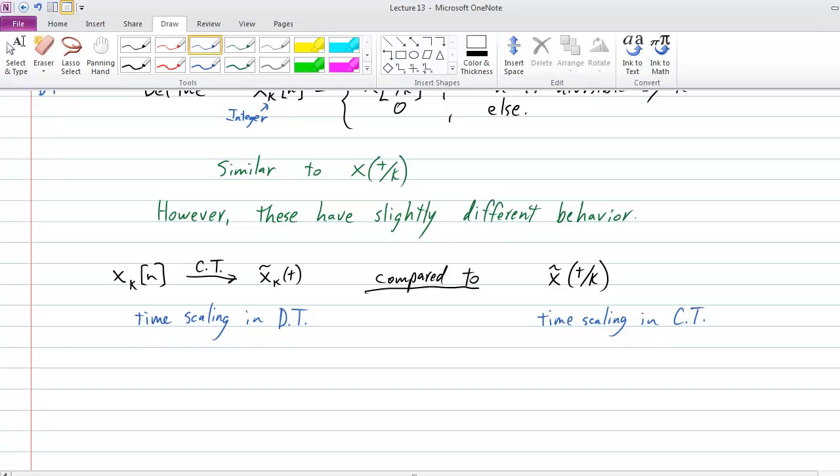This signal looks like the following: e to the minus pi t squared. And now you could scale it with a constant, you could scale time, and so forth. So there's a lot of flexibility here, but it looks roughly like this. And when you take the Fourier transform, you actually get the same thing.